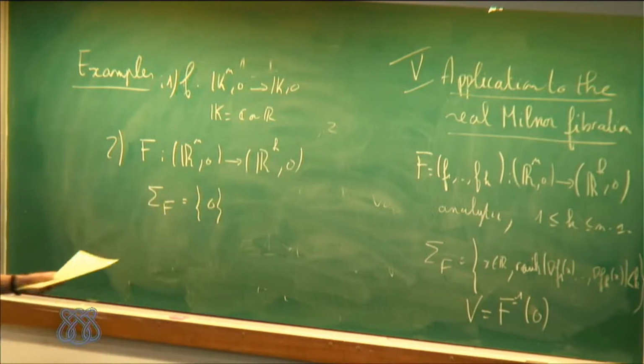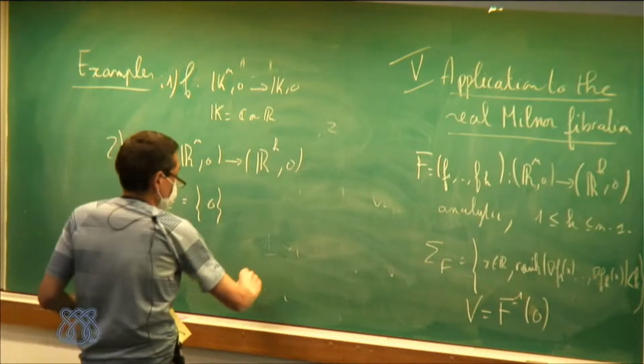Then A and B are satisfied. B is clearly satisfied because the small spheres intersect transversally the zero set. So they intersect transversally, also transversally the nearby fibers. Okay, you have this situation.